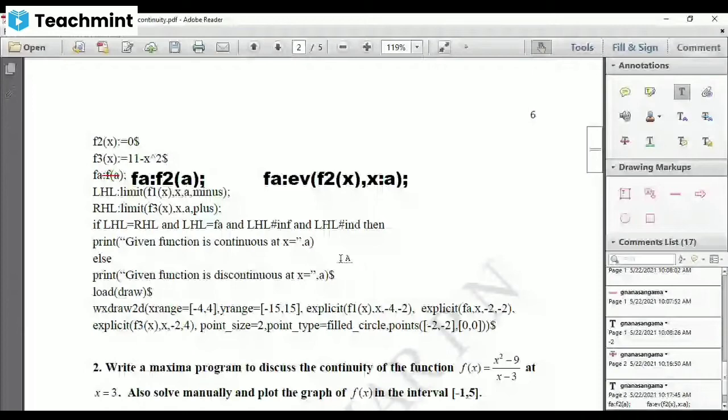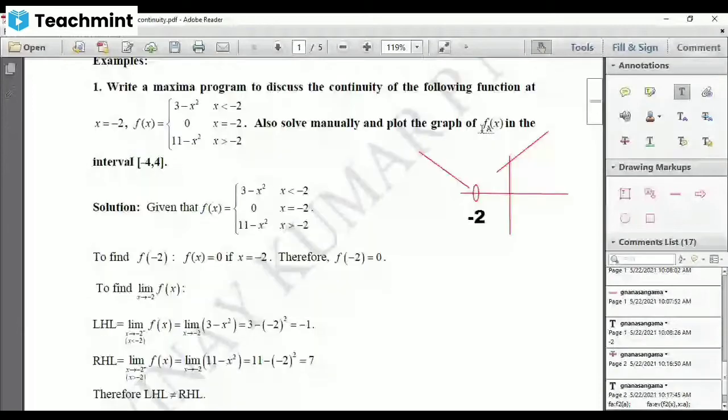Now let us draw the graph. We have to draw the graph of f of x in the interval -4 to +4. Okay, let me take this graph. You take this point, this is your -4, and let me take this point.